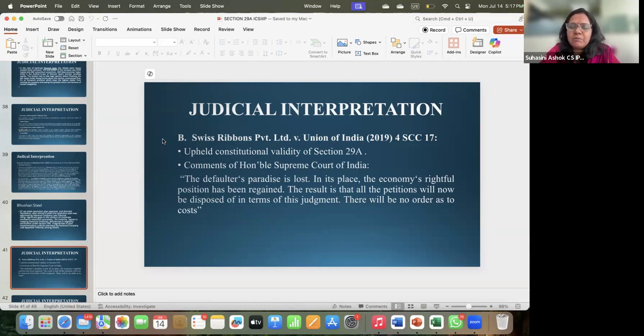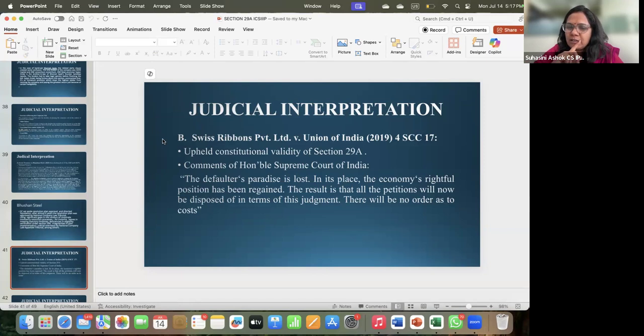Hence, because of this and because of the comments from BLRC on not allowing the persons who are responsible for stress of the company, they cannot come back through a back door and regain the control of the stressed corporate debtor.